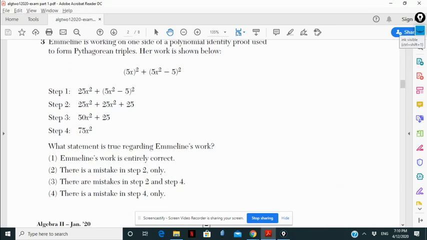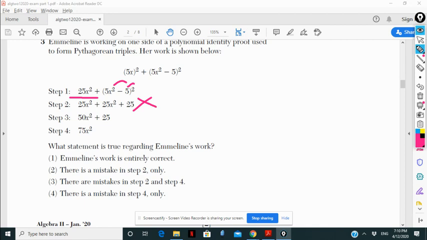Question number 3. Emmeline is working on one side of a polynomial identity proof used to form Pythagorean triples. Her work is shown below. First, she squared this one. Second, she tried to distribute.